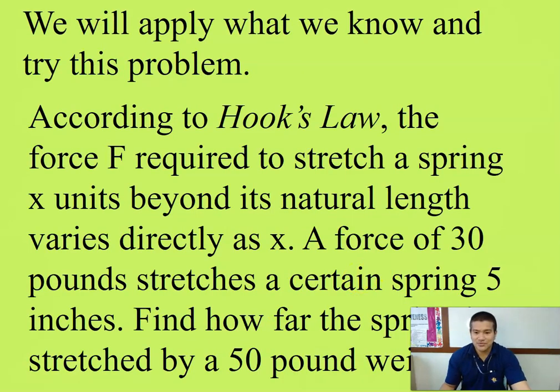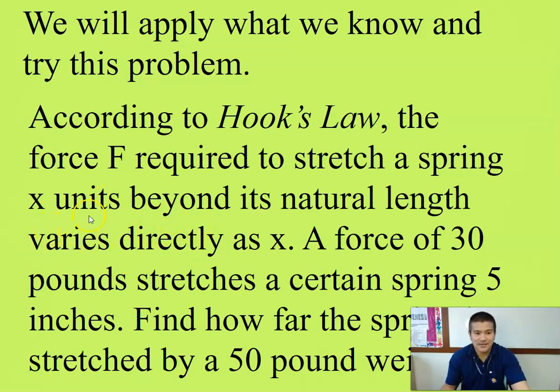Let's try to solve this problem. According to Hooke's law, the force required to stretch a spring x units beyond its natural length varies directly. From there, you can already conclude that this is a direct variation. Why?